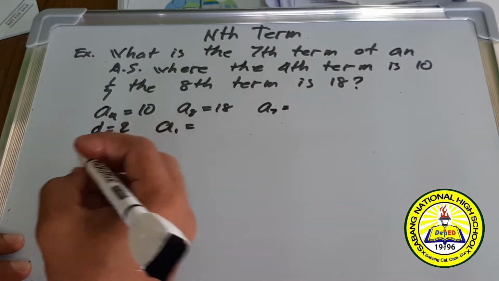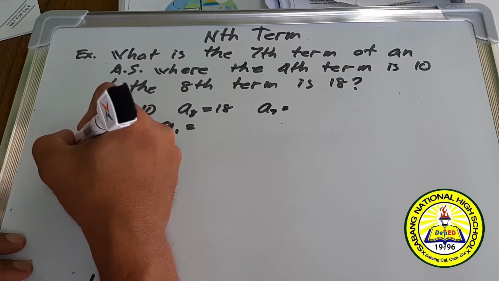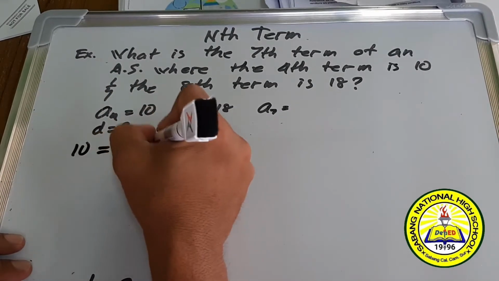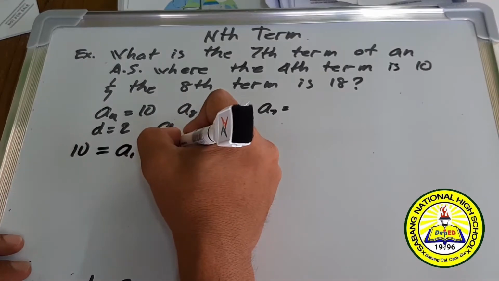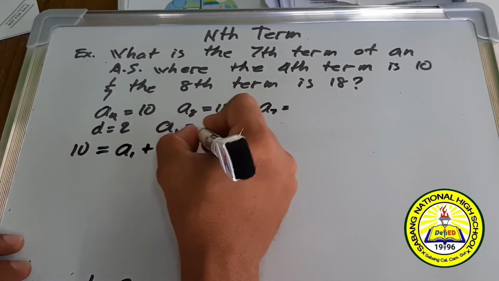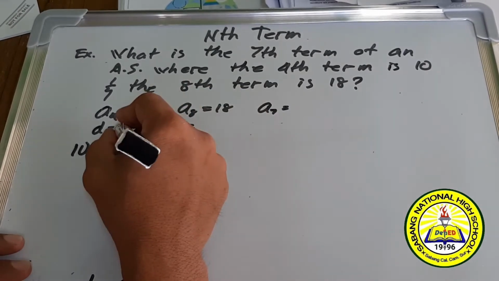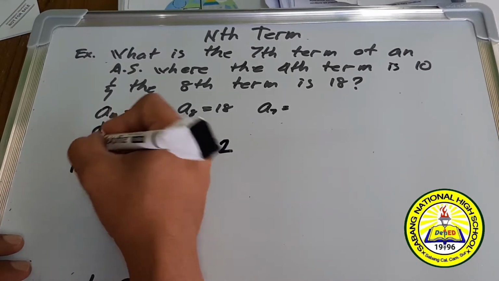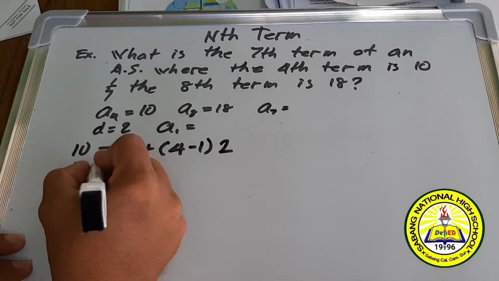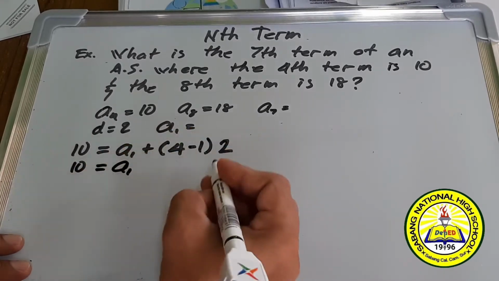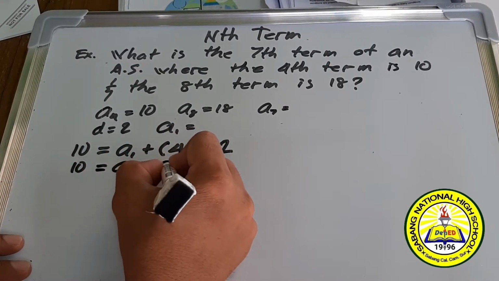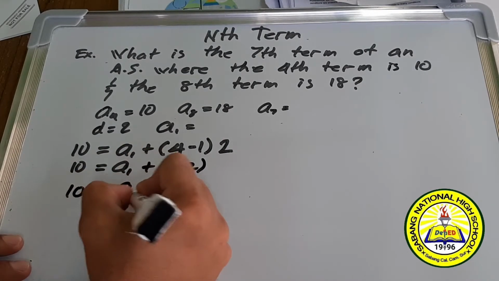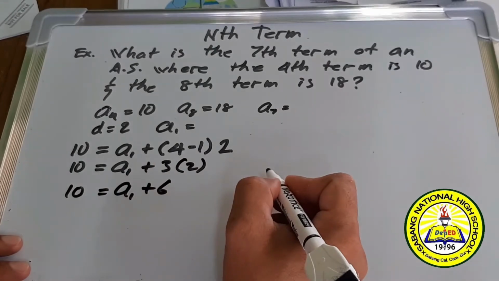Let us just use the fourth term. So the fourth term, a sub 4, is 10, is equal to a sub 1 plus, since this is the fourth term, we are going to change n with 4 minus 1 times our common difference, which based on our computation is 2. So we have 10 is equal to a sub 1 plus 3 times 2. That is 10 is equal to a sub 1 plus 6.